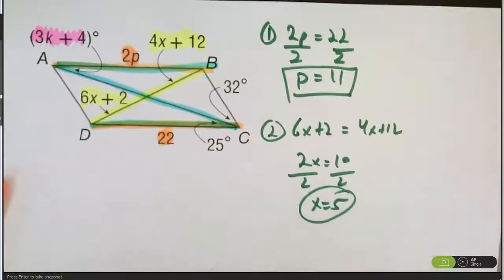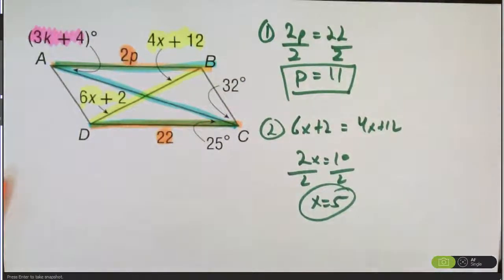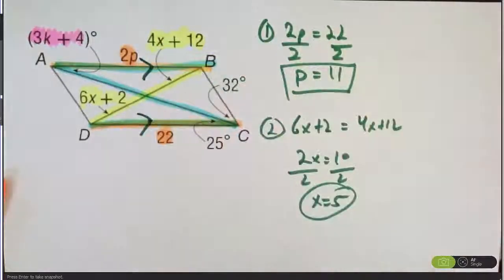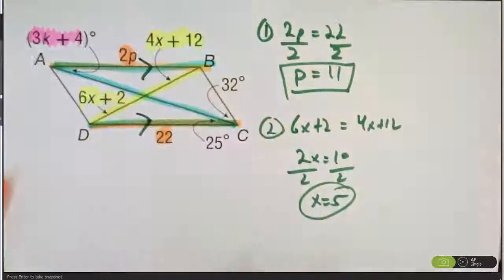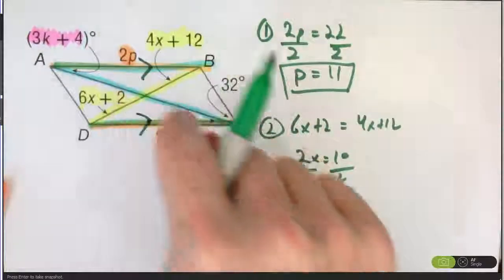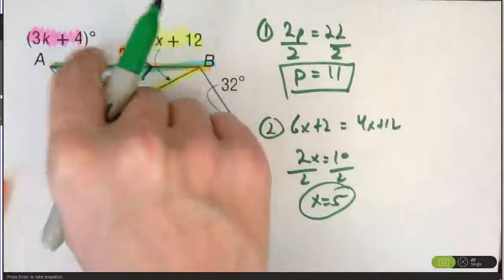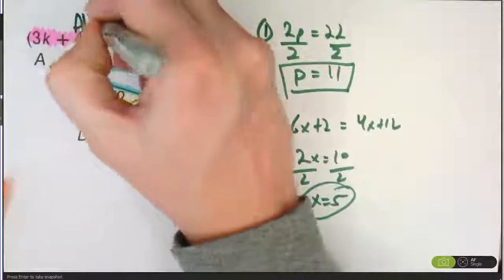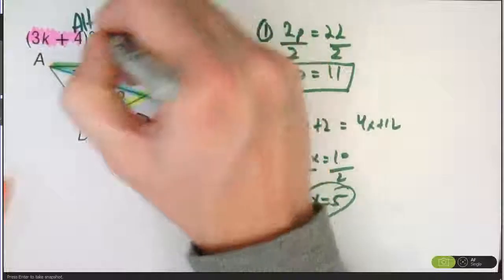And these two sides are parallel, because that's the definition of a parallelogram. Opposite sides are parallel. So when I get that Z shape, the angles here at the corners of it, which is what 3k plus 4 is, they are alternate interior angles.